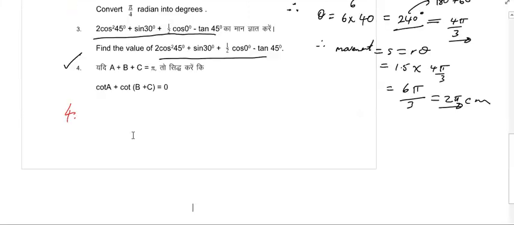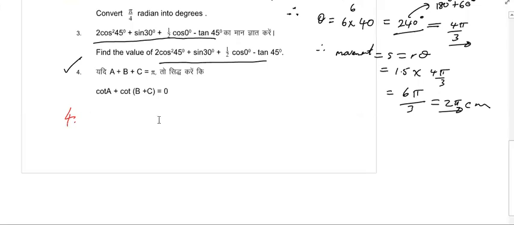So what we know is that, let us attempt to simplify cot of b plus c. Cot of b plus c is equal to cot of pi minus a, because b plus c is pi minus a.